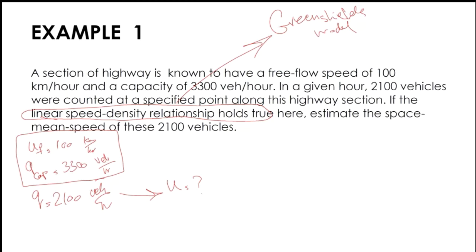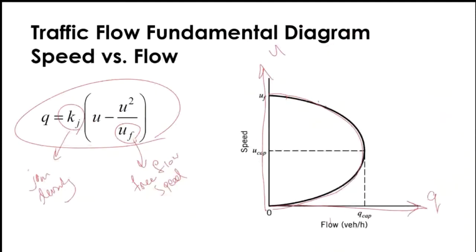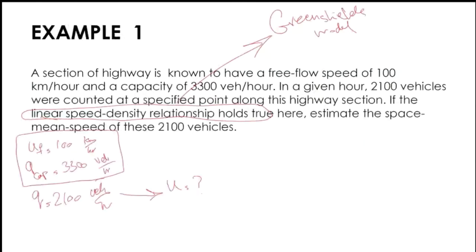To get that, we can actually just refer back to the Greenshields model where we can convert speed to flow, and we can see that to use this model, we actually need jam density and free flow speed. So if I go back to my problem, I have the free flow speed, but I do not have jam density, right? So let's see.